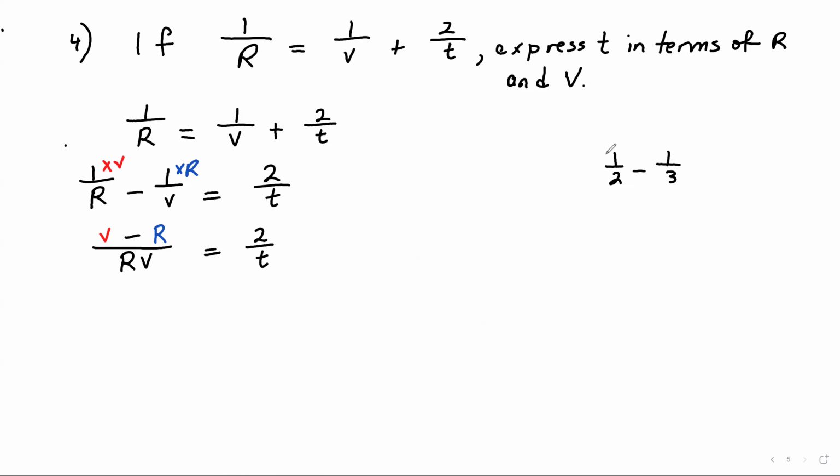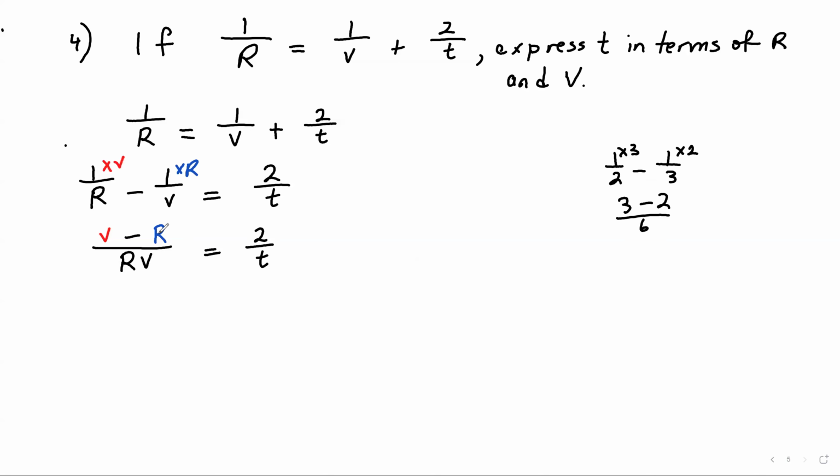You say 2 times 3 is 6. So the common denominator here is 6. And then you'll say 2 could go into 6 3 times. So 1 times 3 is 3. And you'll say 3 could go into 6 2 times. And 1 times 2 is 2. It's exactly this that I did here, except I had R and V. So the common denominator would have been R times V, which is RV. R could go into RV V times. So 1 times V is V. V could go into RV R times. So 1 times R is R.